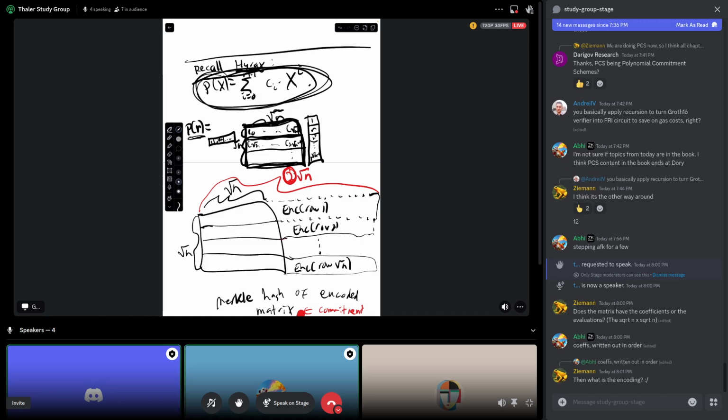We get root n different encodings, and then we make a Merkle hash out of that. Yes, exactly. People call this the interleaved Reed-Solomon code, which is not the same as the Reed-Solomon code itself. Here we're encoding each row separately instead of concatenating all the rows together as one giant thing and encoding that.